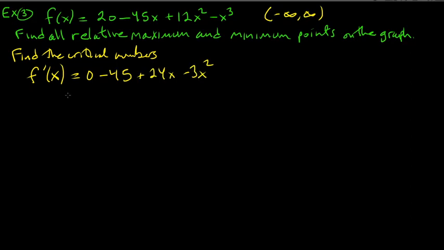I know that's backwards, so let's write it the correct way here: negative 3x squared plus 24x minus 45. Again, the derivative will exist everywhere. So the only critical numbers then come from where the derivative equals 0. So of course we have to solve this quadratic equation.